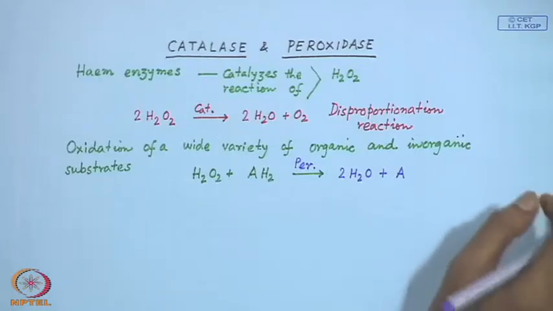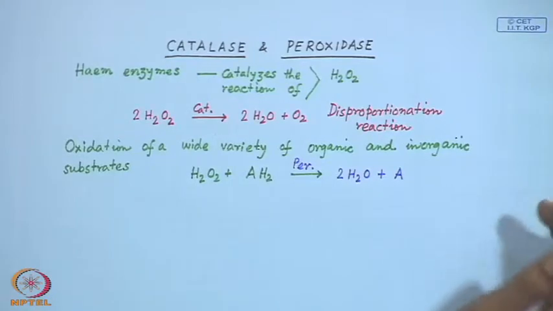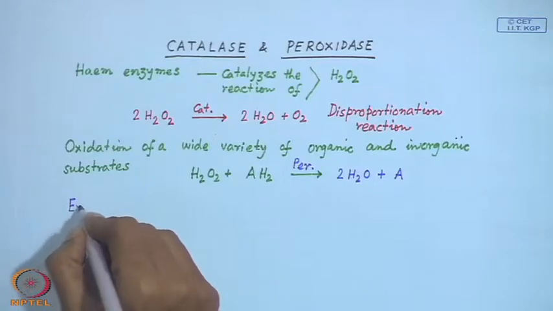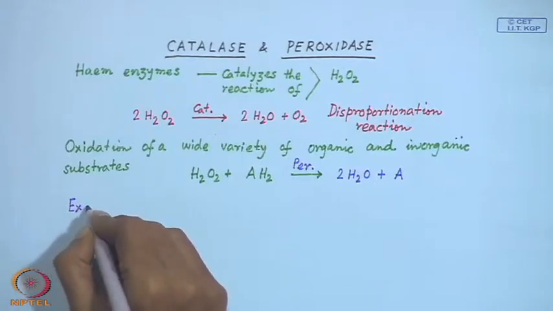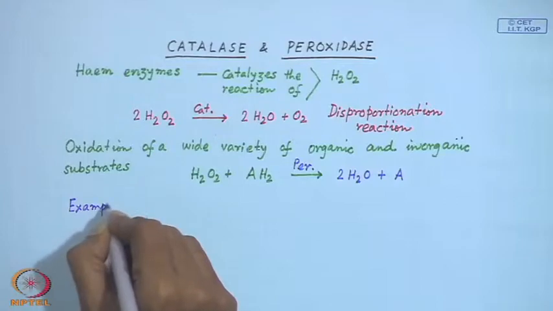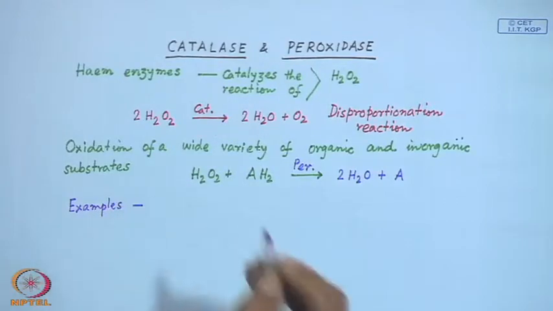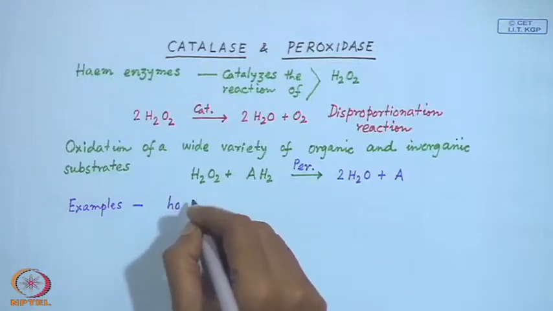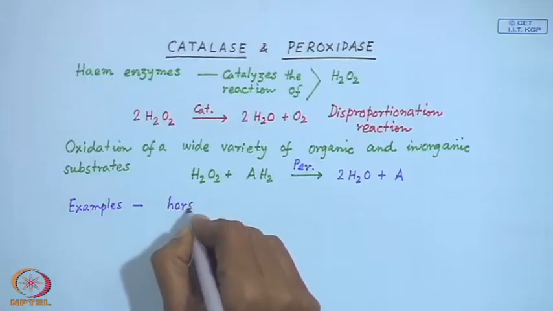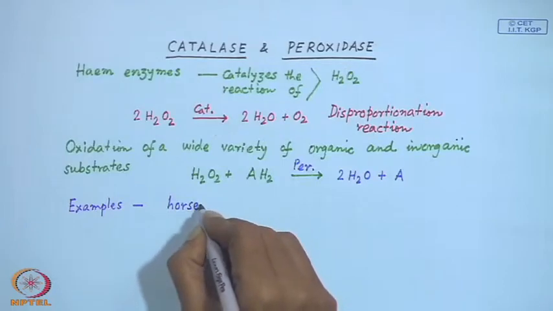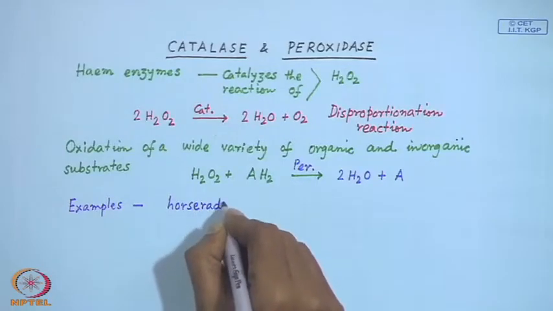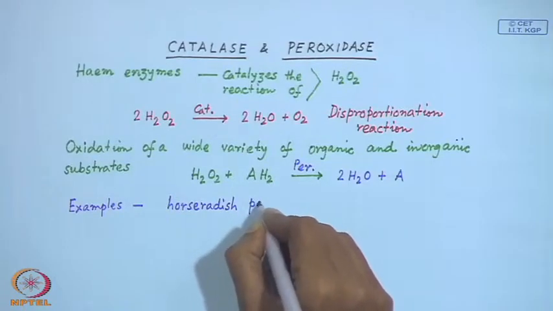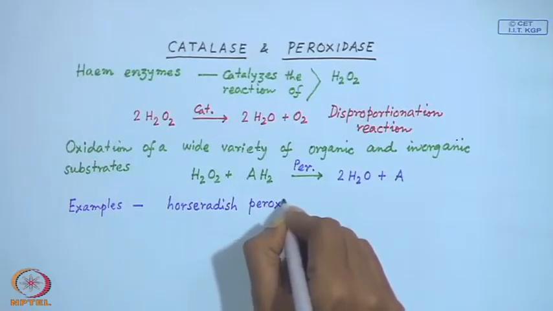So, a large number of these molecules are well known to us, and well established forms of some of them we should know, because these are well studied. An example of one such is from the radish, horseradish peroxidase. From the radish root we get this horseradish peroxidase.